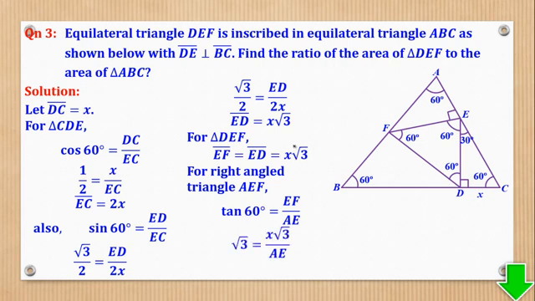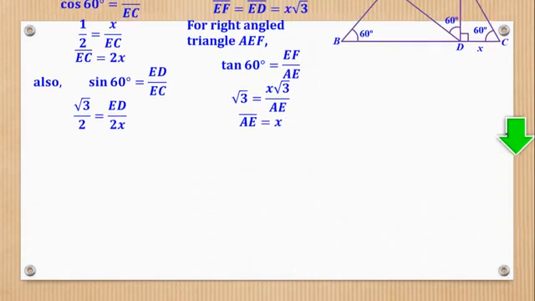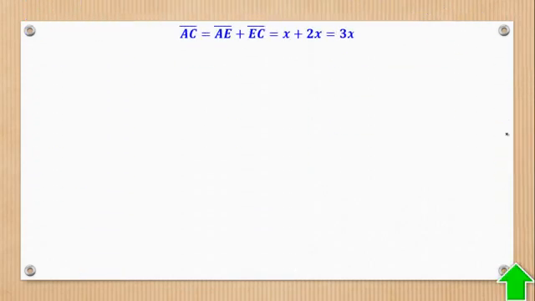FE is x root 3, tan 60 is root 3, I can get AE. So AE will become x, because this cancels. So I have AE, and I also have EC. From here, EC is this, AE is this, meaning I can get now AC. AC is got by adding, and it will be equal to 3x.